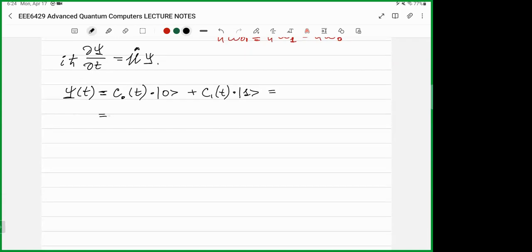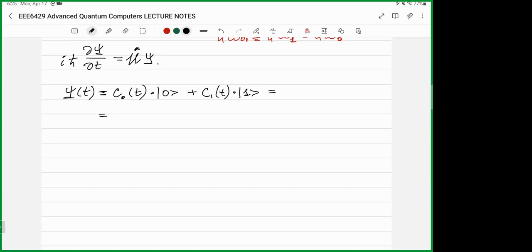Or we can explicitly rewrite this, replacing state 0 and state 1 by real functions that describe the coordinate part, the spatial part of the state vector, and the harmonic part.